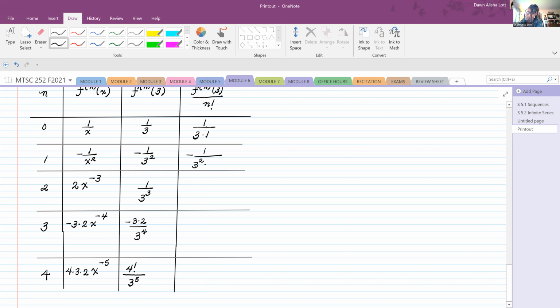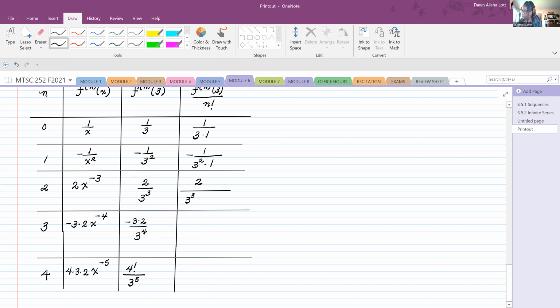And when I divide by 1 factorial, I'm going to get a 1 again. Here now, I'm going to get, oh, I forgot my 2. I get my 2 over 3 cubed.